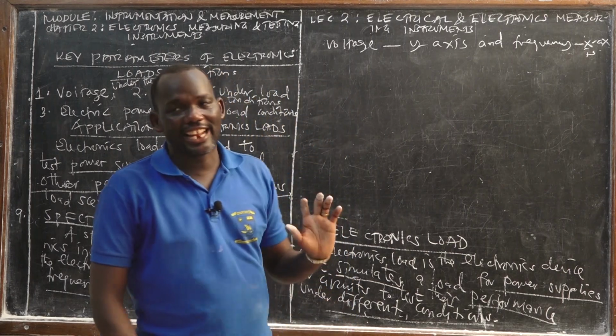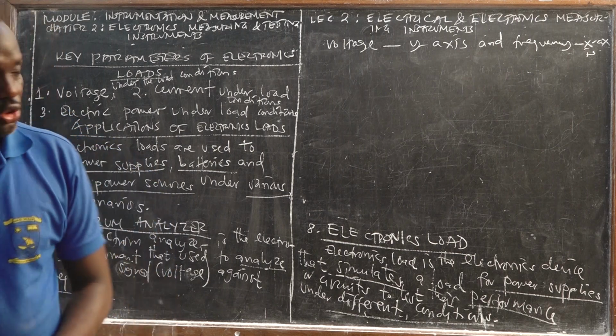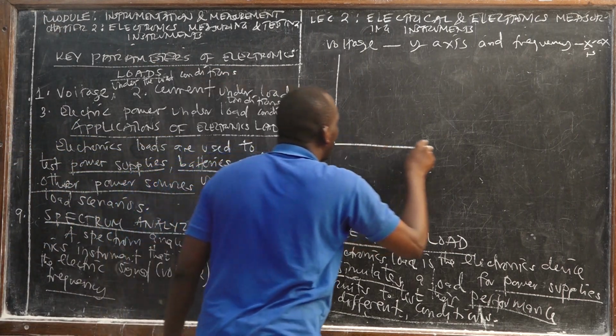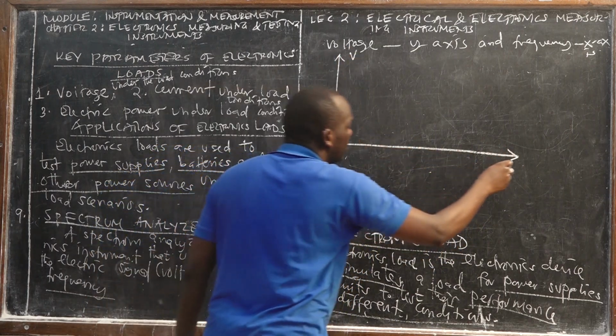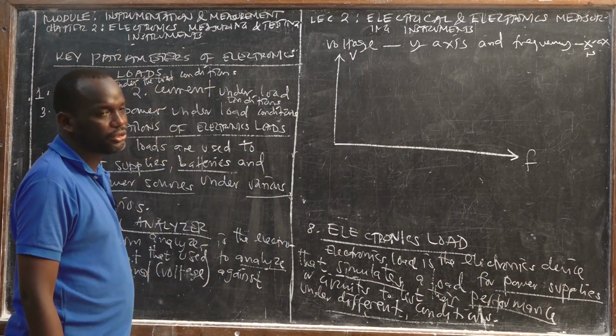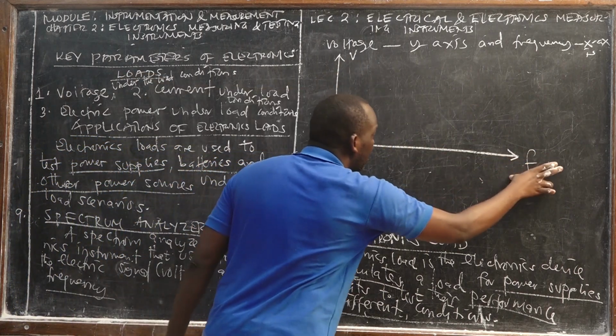So this one does analysis by using waveform. If we examine the spectrum analyzer graph, this will be voltage, and this is frequency. Are we together? So voltage against the frequency.